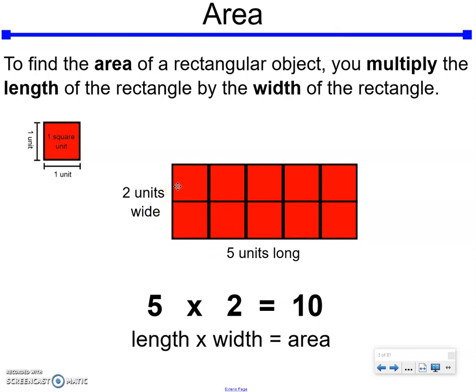If I want to find the total area or amount of space that this rectangle is covering, I multiply 5 units long, the length, times 2 units wide, the width. Because I know that 5 times 2 equals 10, I know that the total number of square units in this rectangle is 10.